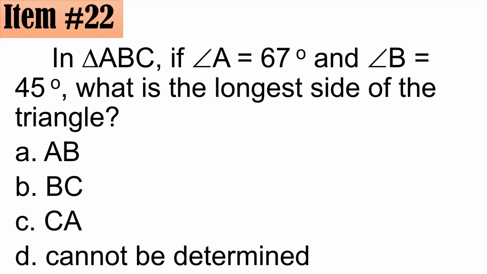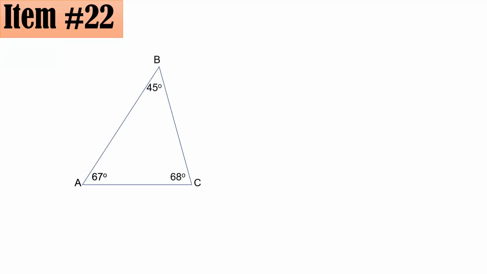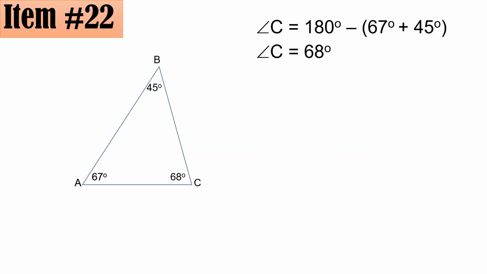Let's see kung tama kayo. So ito po yung itsura niya. Angle A is 67 degrees, B is 45 degrees. Since your triangle in a plane has an angle sum, lahat ng interior angles add up to 180. So 180 minus the sum of 67 plus 45 means that angle C is 68 degrees.